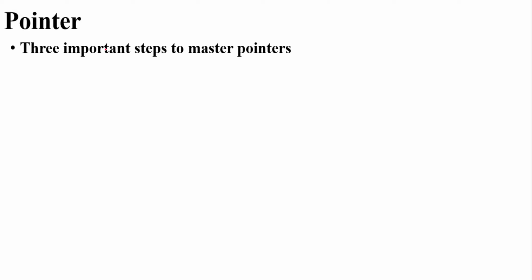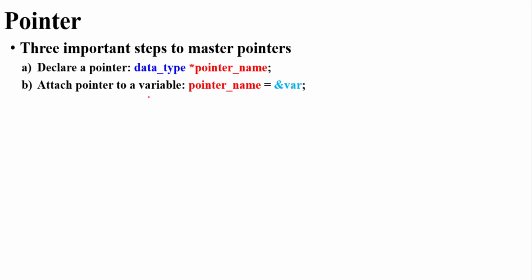Let us deep dive a bit more into this concept. There are three important concepts to master pointers. First is to declare a pointer. To declare a pointer, like I said in the last slide, we have to declare a data type, then an asterisk, and then a pointer name. The asterisk defines that the variable is a pointer. Then we have to attach the pointer to a variable. For that we use the pointer name is equal to ampersand and then the variable name, whichever variable we want to attach to that pointer.